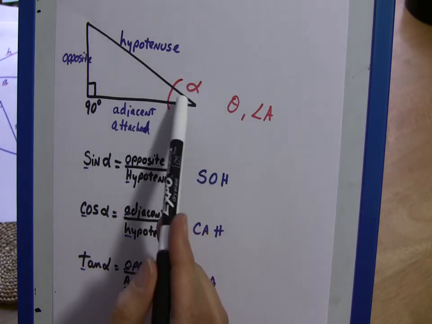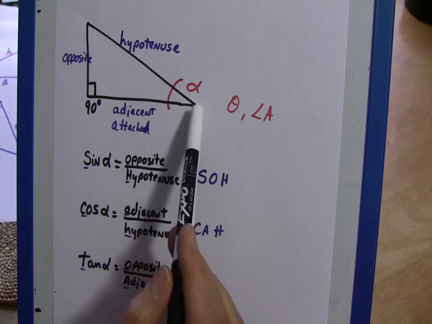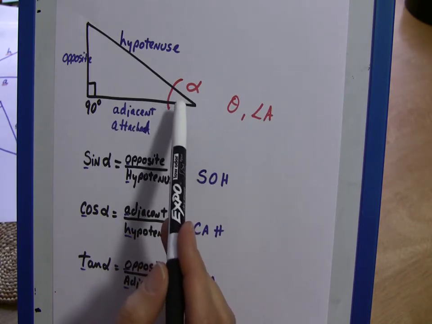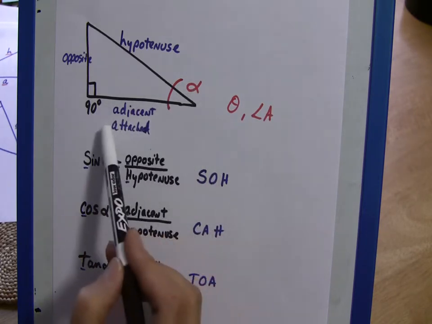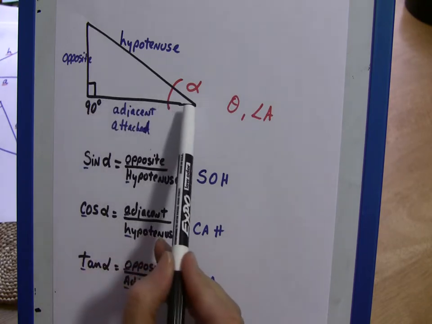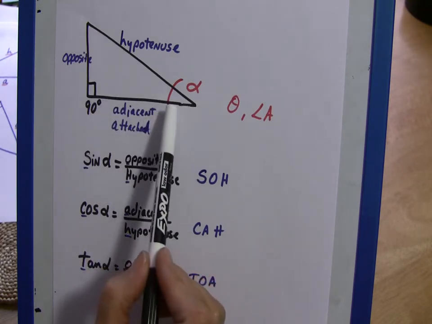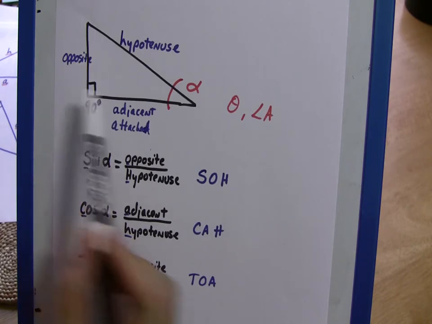For trigonometry, we focus on one of the two acute angles, and the side that is adjacent to that angle, or attached, as I've heard some students call it, is called the adjacent side. And the side opposite that angle is called, guess what, the opposite side.